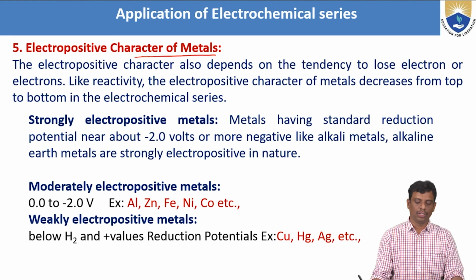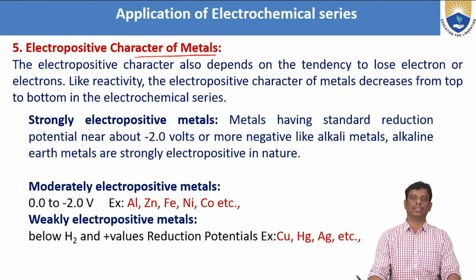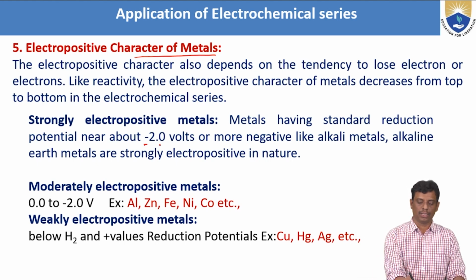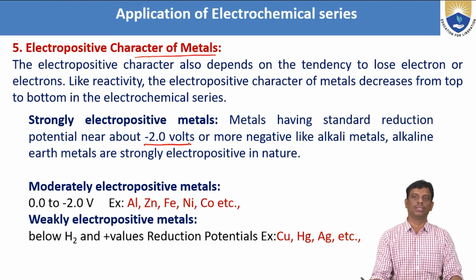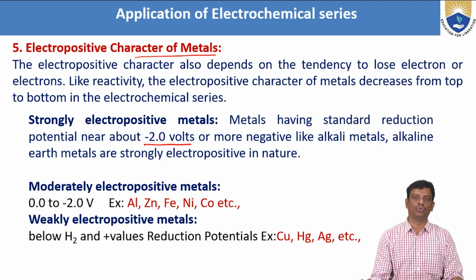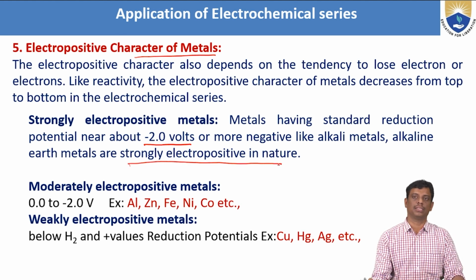For example, strong electropositive metals. In the electrochemical series, metals with reduction potentials of minus 2.0 volts or more negative than minus 2.0 volts, like the alkaline earth metals, are very strongly electropositive.